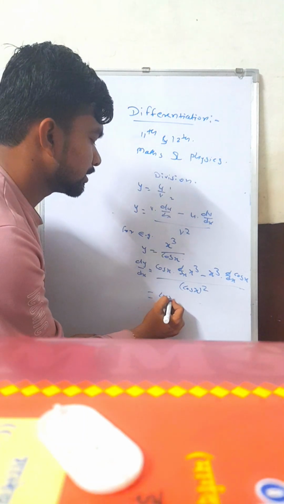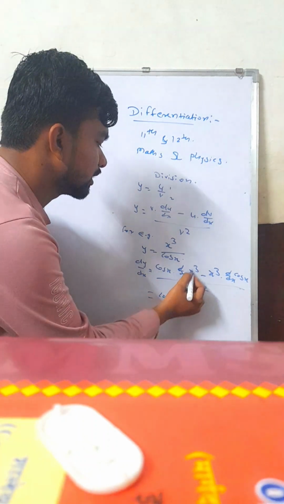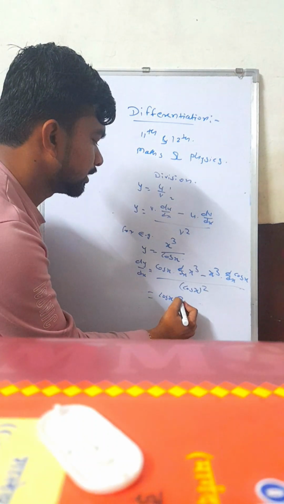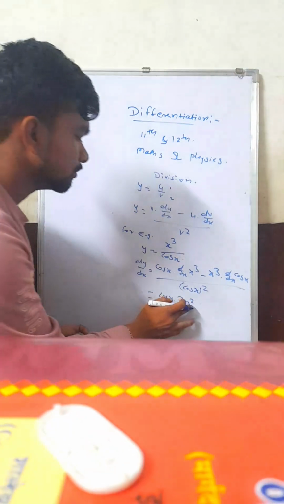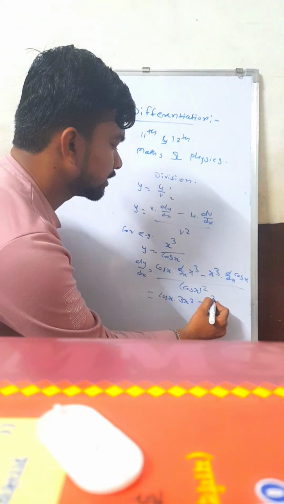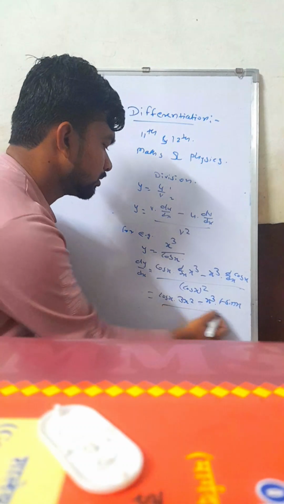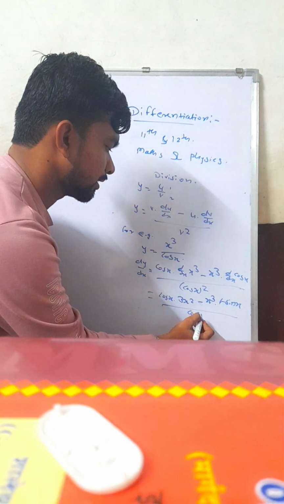Cos x as it is, then the derivative of x cube by the x raised to n formula is 3 into x square, minus x cube as it is, and the derivative of cos x is minus sin x, upon cos square x.